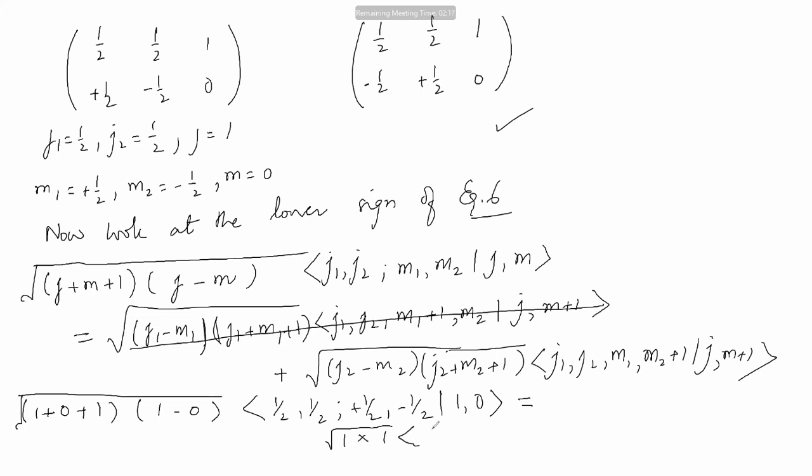What we have is half, half, plus half, M2 plus 1 gives plus half, with J equal to 1 and M plus 1 equal to 1 plus 1. Now tell me, how much is this result? We have done it in the class.